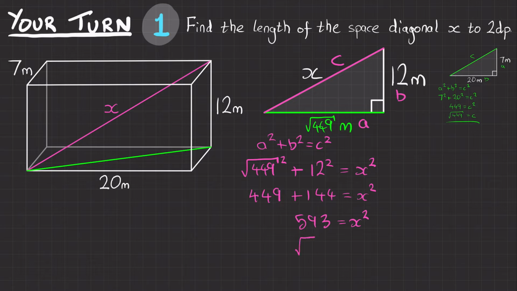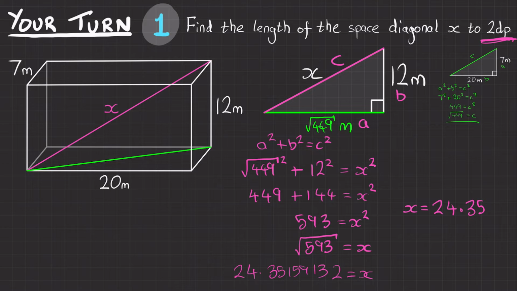Square root both sides, so square root of 593 equals x. Type that into your calculator and you'll have 24.351593132 equals x. But we want x to 2 decimal places, so we'll have x equals 24.35 meters to 2 decimal places. And there's a final answer.